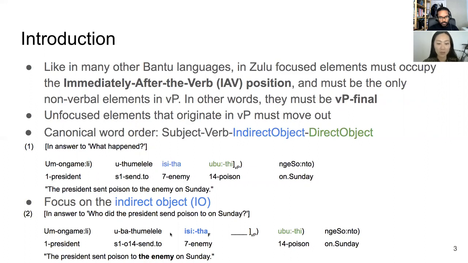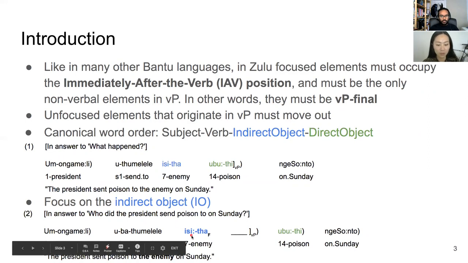So a canonical word order for a ditransitive is in 1, with the word order subject, verb, indirect object, and direct object. Now, when we focus on the indirect object as in 2, notice here that the direct object undergoes a syntactic movement outside of the VP.